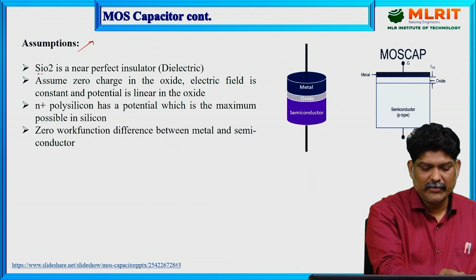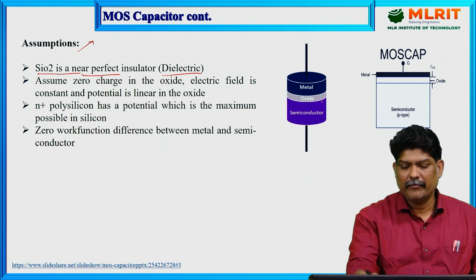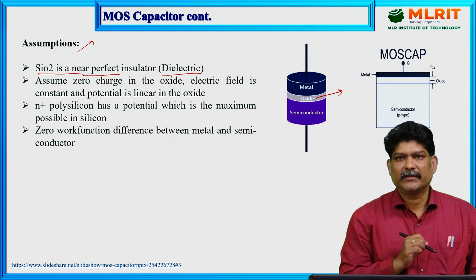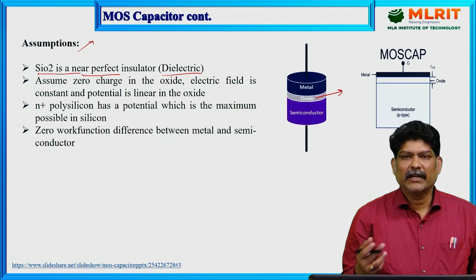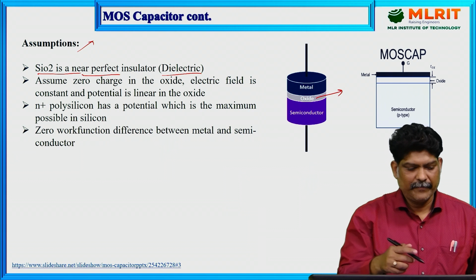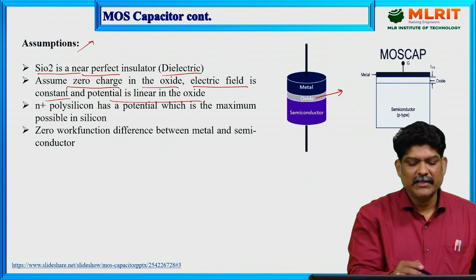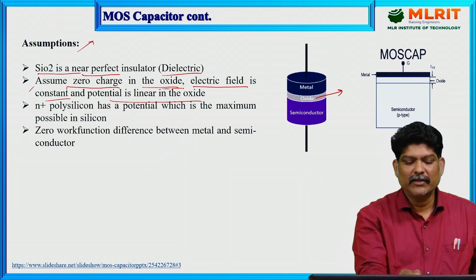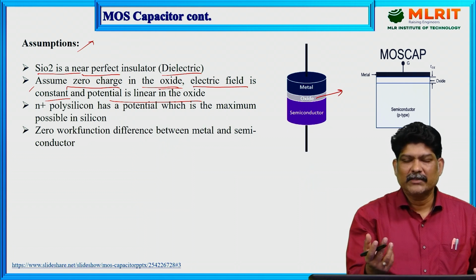First, the SiO2 layer is a near perfect insulator, a pure dielectric material, so that it has an energy band diagram like an insulator, with a huge gap between conduction band and valence band. Second, assume zero charge in the oxide layer, obviously because it is an insulator with no charge carriers to move.